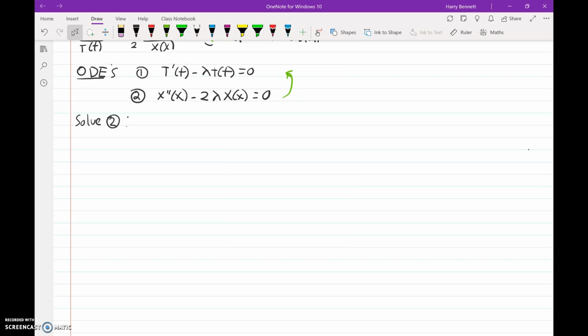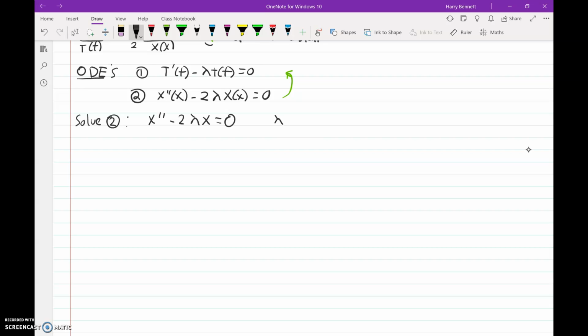So this is the second equation, and we don't know what lambda is. All we know is lambda is a number, a constant.